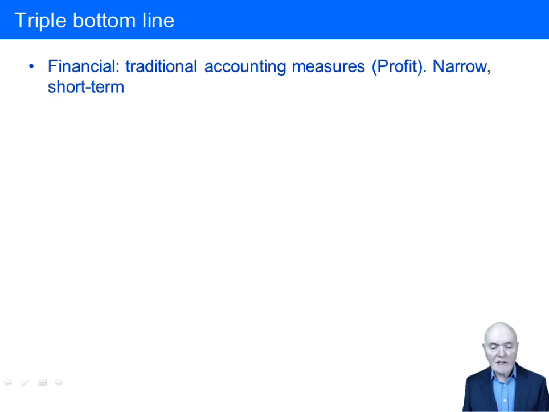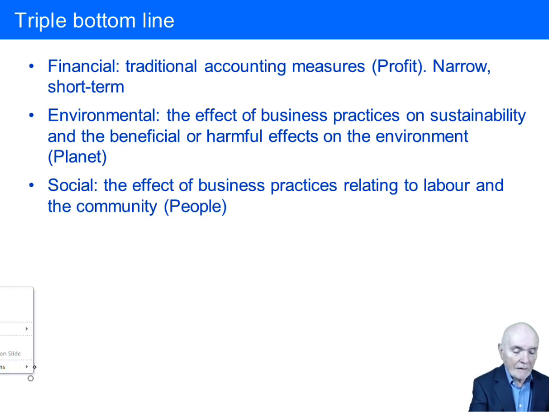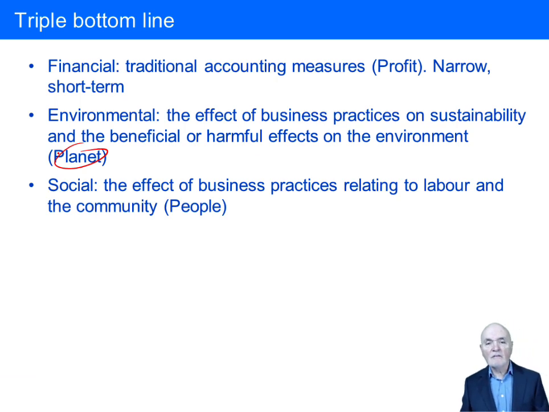The first extension we can call the triple bottom line, and it talks about profit. It also then talks about planet, and it also talks about people. So basically, when you're looking at planet, you are looking here at the environmental effect of the business.